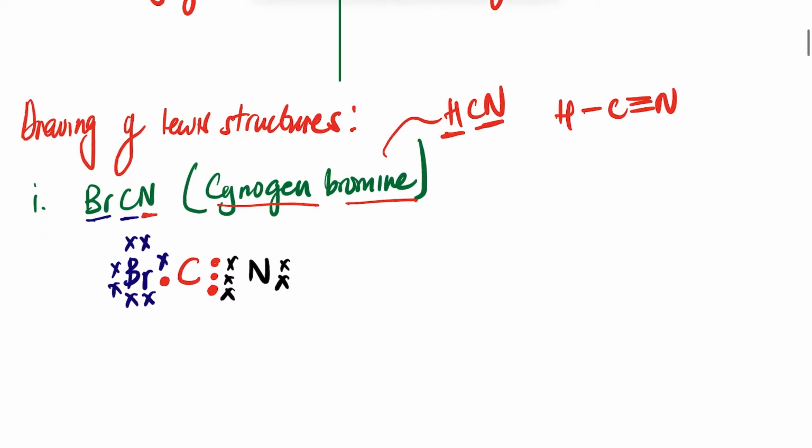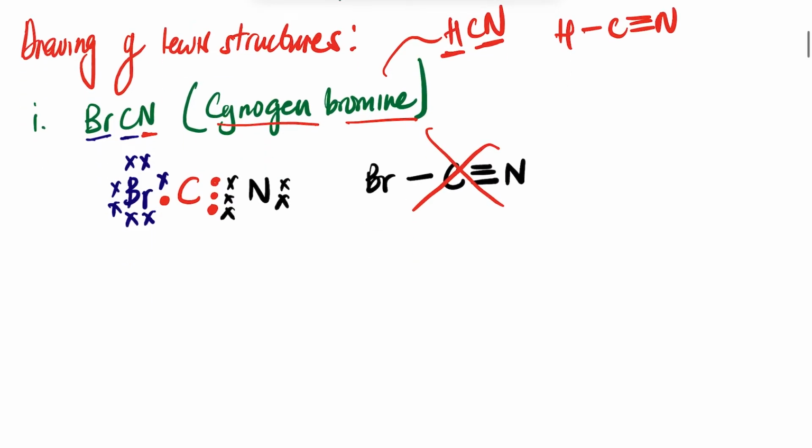This is the Lewis structure, this is what is needed when I say draw a Lewis structure. But in the Couper structure, it's going to be Br with 1 bond, and the carbon with a triple bond to the nitrogen. Don't draw this, guys.